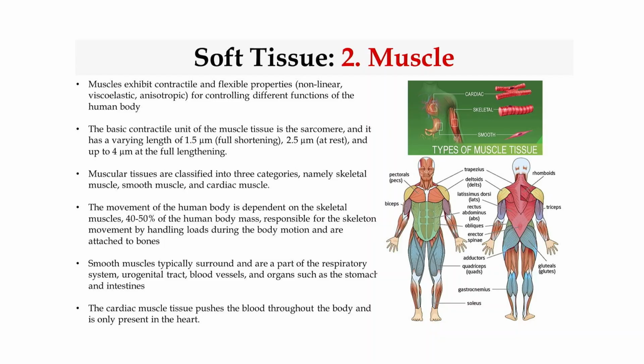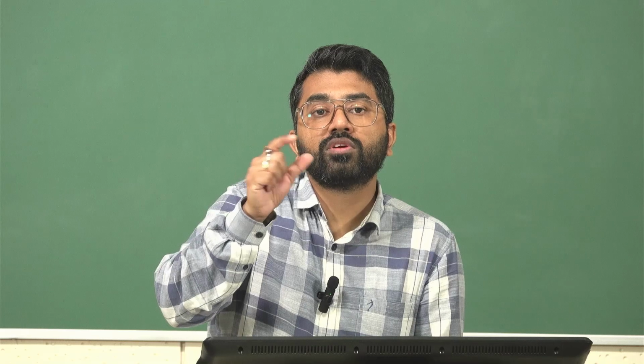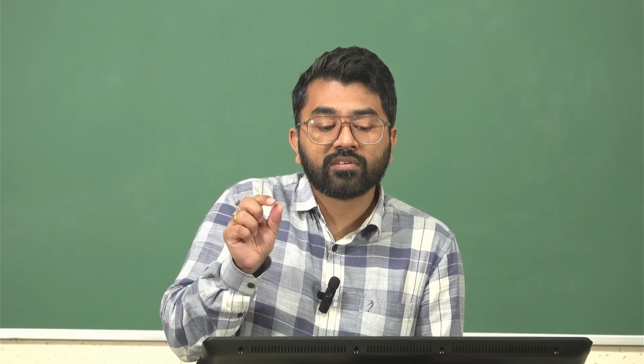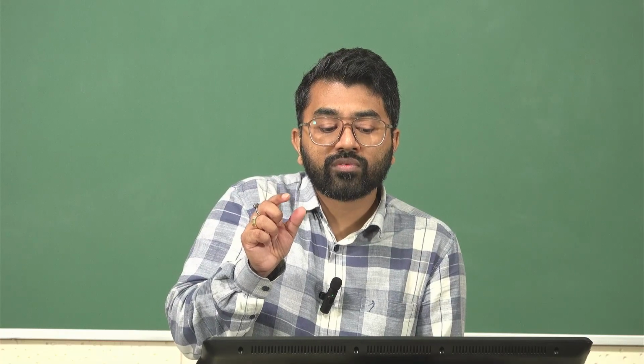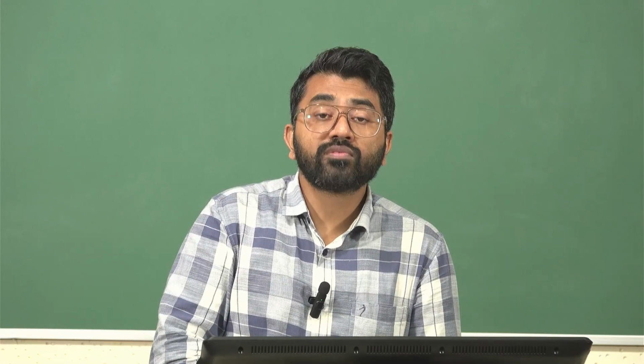All these sarcomeres, which are the unit cell components of these muscle tissues, extend from 2.5 microns at rest to the full shortening, and that change in length causes all the muscles to move in proper coordination, right? And up to 4 microns at full lengthening.